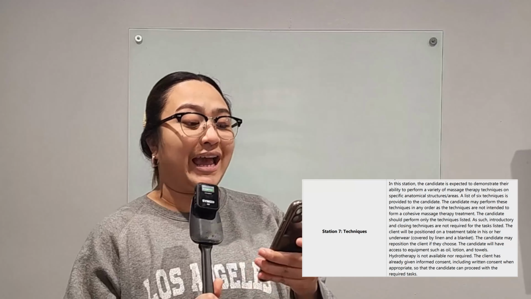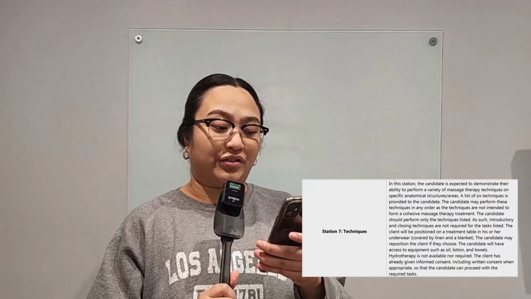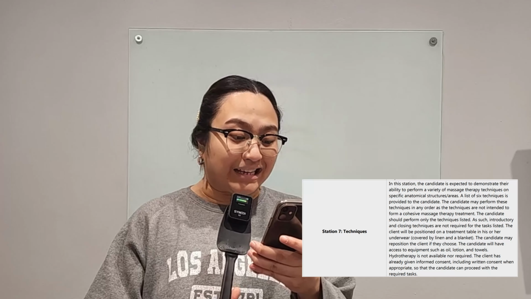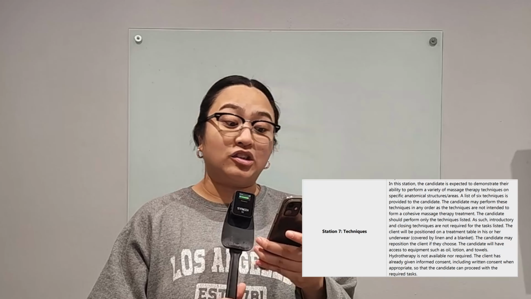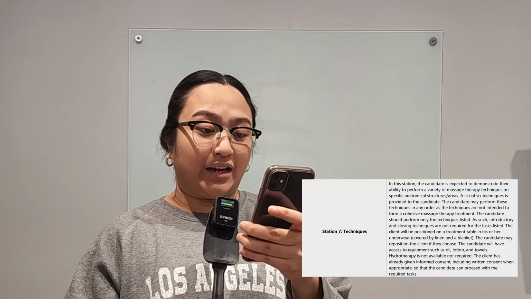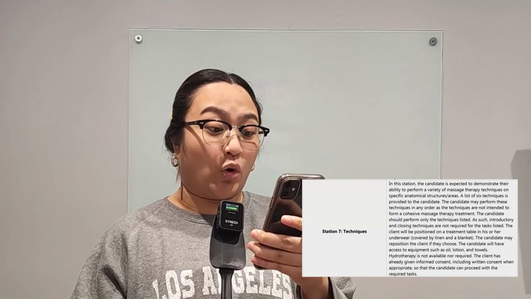In this station, the candidate is expected to demonstrate their ability to perform a variety of massage therapy techniques on a specific anatomical structure or area. A list of six techniques, remember that, is provided to the candidate. The candidate may perform these techniques in any order.